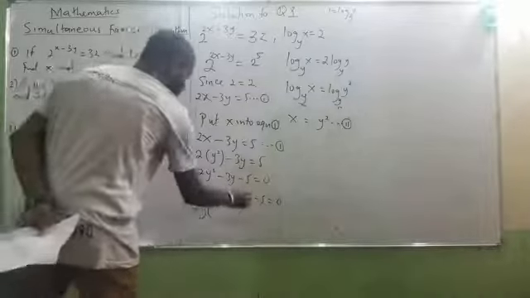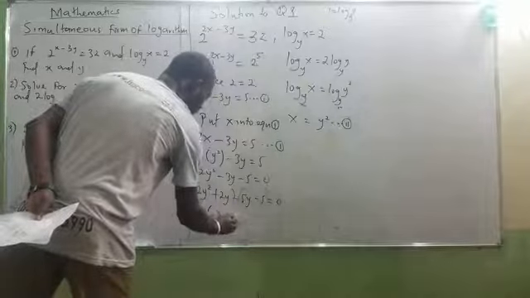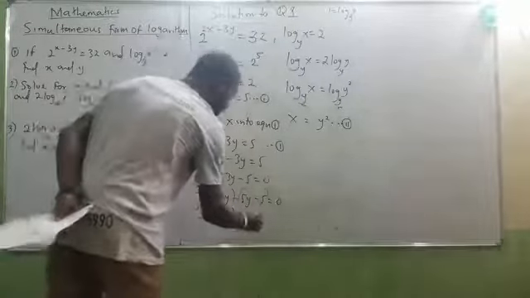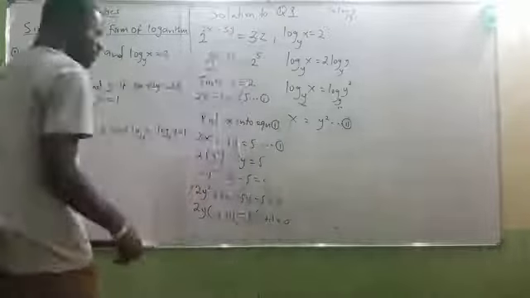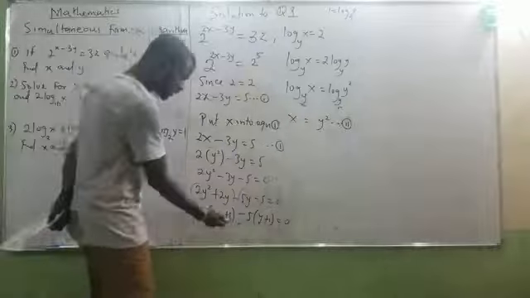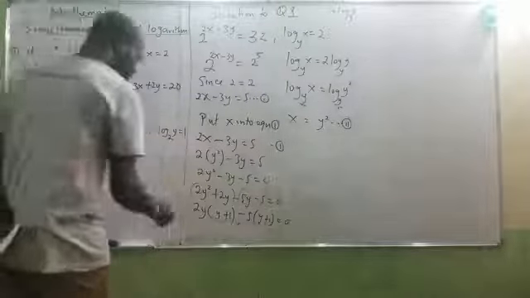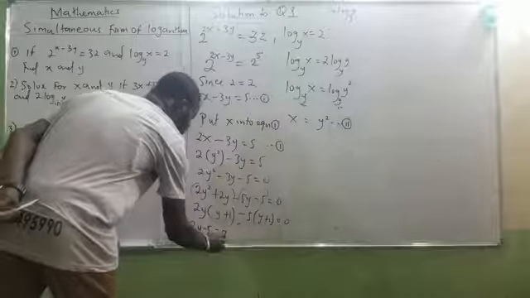Now, I think I'll be having 2y(y plus 1) minus 5(y plus 1) equals 0. Now, if you watch our video on quadratic equation, this must be equal to this. That is very important. And it means 2y minus 5 equals 0.